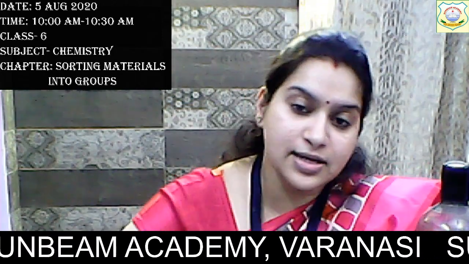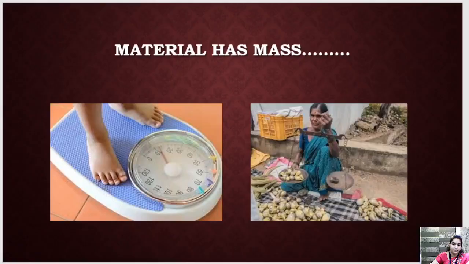Okay, so let's see. You are standing on a weighing balance, so it is showing certain mass. Alright, it is showing certain weight, and you can see this lady is weighing potato or anything, whatever is there in a weighing balance. Alright, so it is also having certain mass. So to measure the mass or weight of anything, we require a weighing balance or weighing machine.